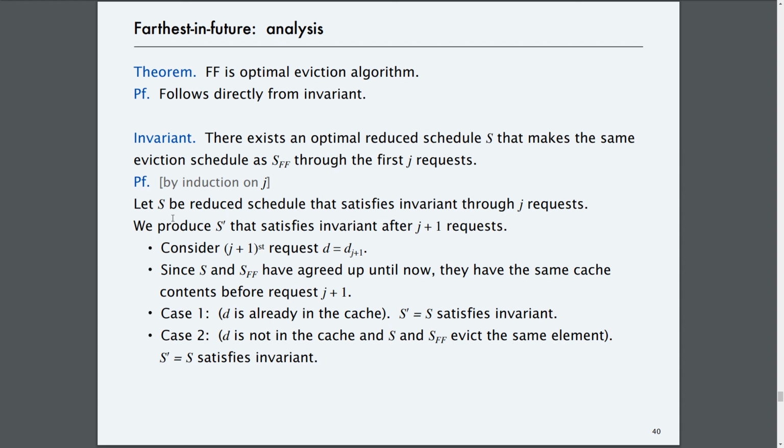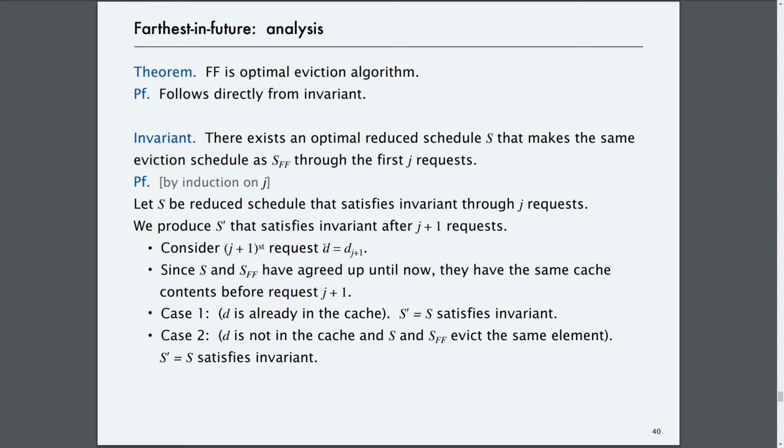So we have our farthest in the future schedule, and some other schedule which is optimal and reduced, and they agree up to the first J requests. So we consider the cases that can occur for the J plus first request. Since they have agreed up until now, their caches up to this request are equivalent.